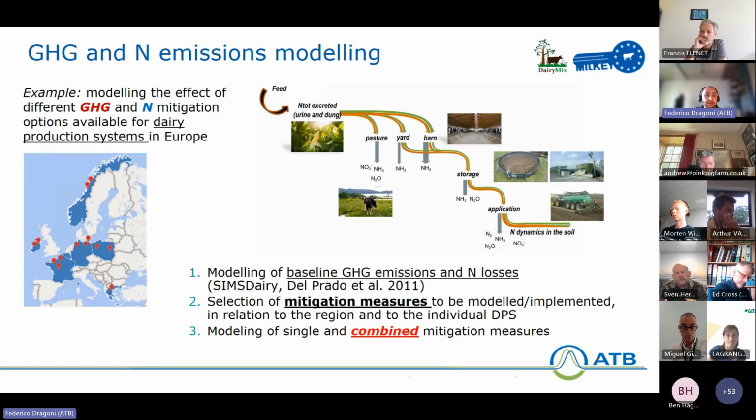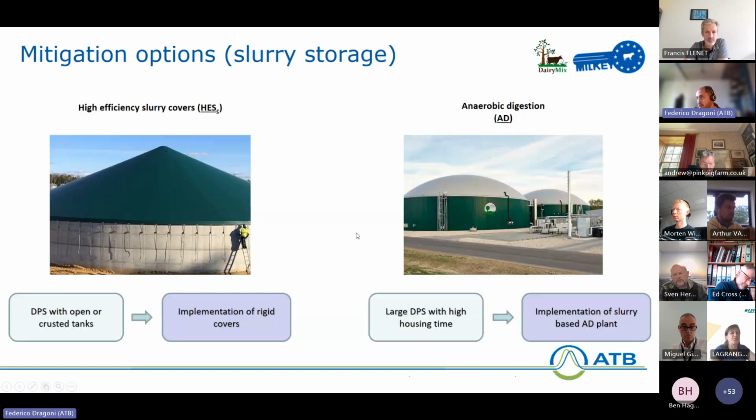So what we can concretely do to reduce these losses and this environmental damage. Mitigation measures can be single measures, so for instance, slurry injection alone, or seen in a combination of measures along the whole system. And for the reasons I am about to show, this is the most promising approach.